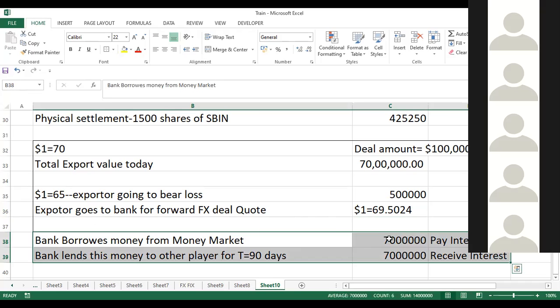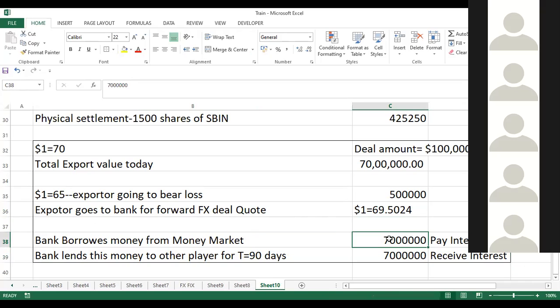They are bound to pay 70 lakh rupees. They have already managed 70 lakh rupees on day one, and they're paying interest on this deal. At the same time, they're receiving interest also because they have lent money the very same day, as they don't have any use of this money today. They need this money at t equal to 90 for the deal they have done today with the customer.